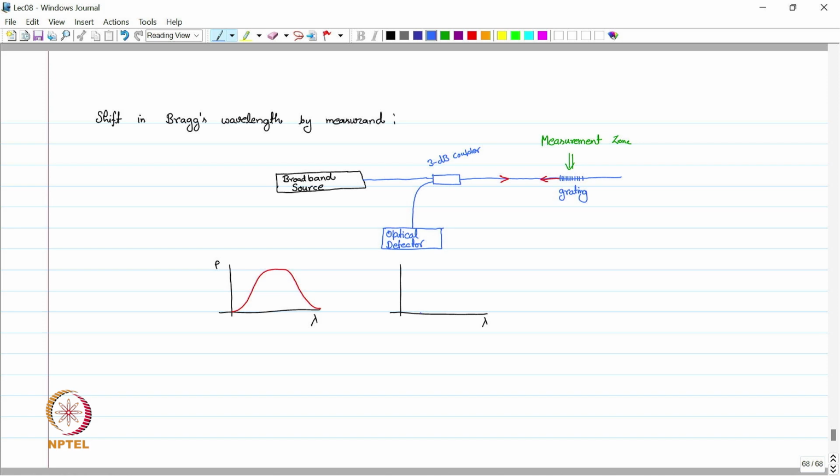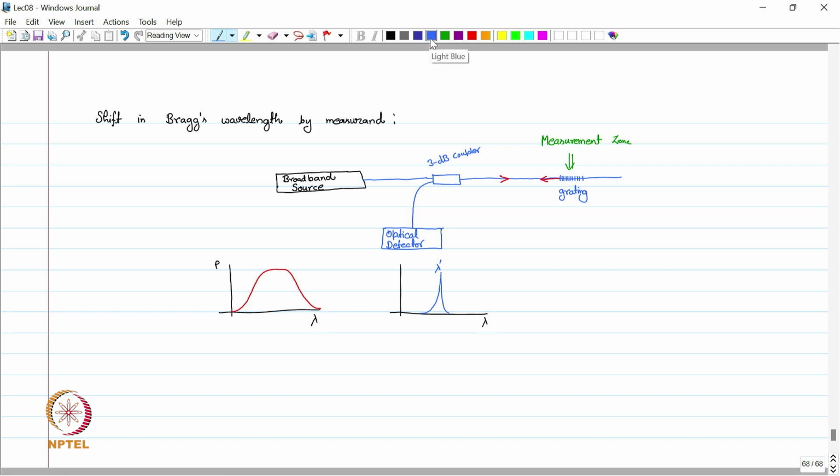Let's say before application of temperature, the wavelength reflected is lambda dash, and when we apply the temperature, there is a change in the grating spacing.